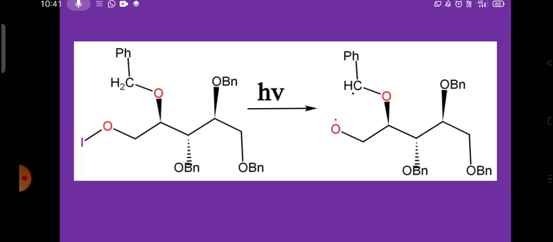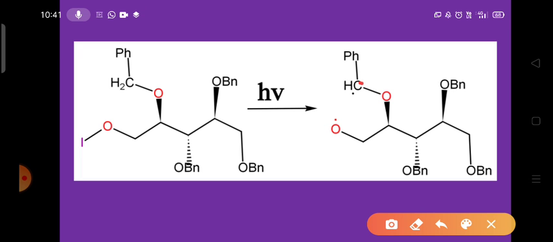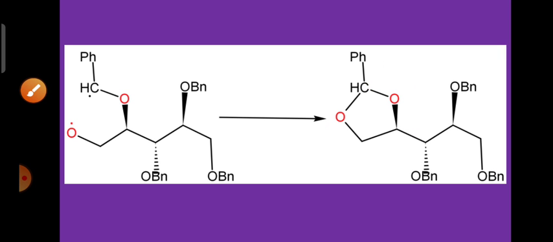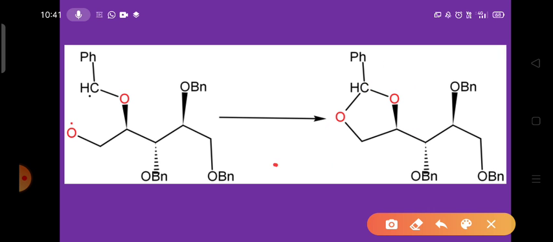On expanding, this carbon of the benzyl becomes the delta carbon. So look at alpha, beta, gamma and delta. In the presence of light, the iodine goes out. As a result, we get this 1,5 diradical, which then undergoes cyclization and we get this five-membered ring.